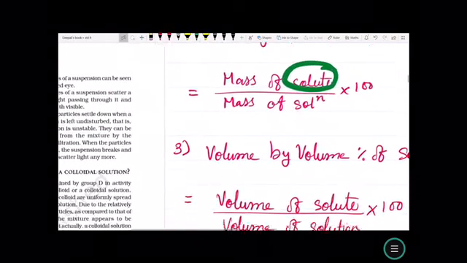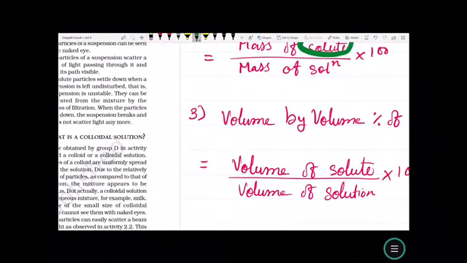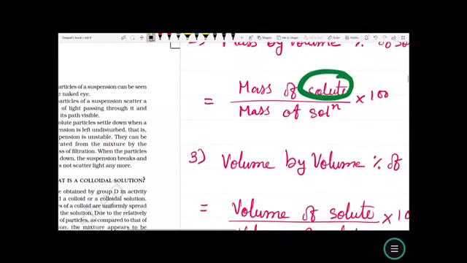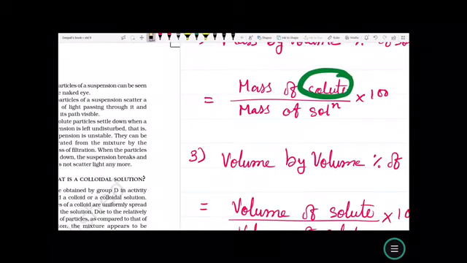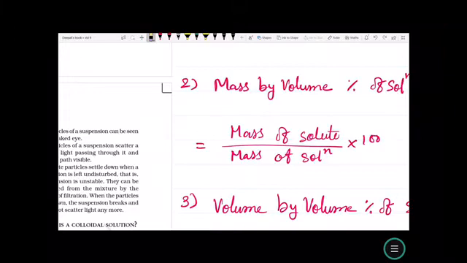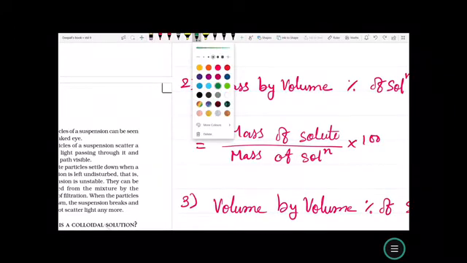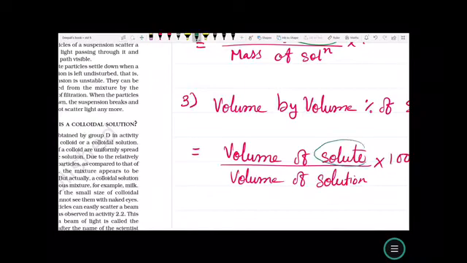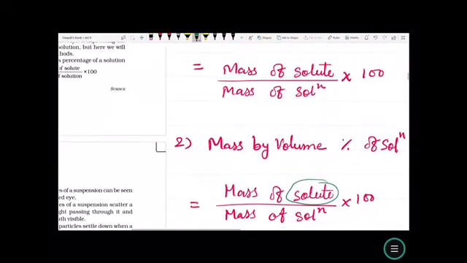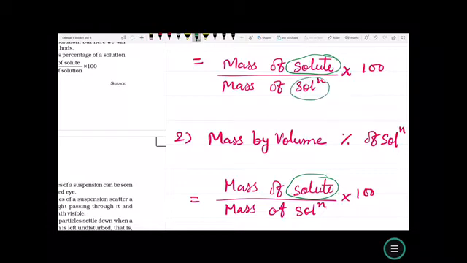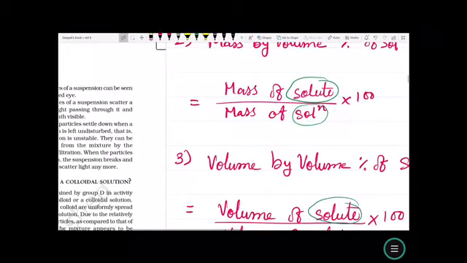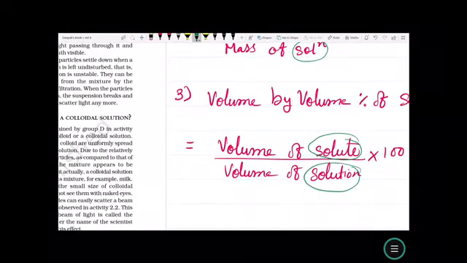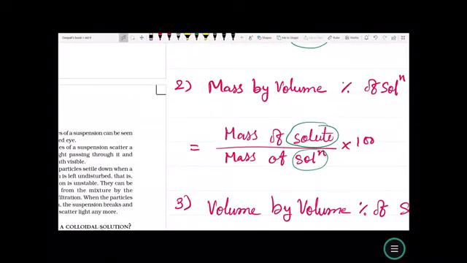You can observe that at each place there is solute upon solution.